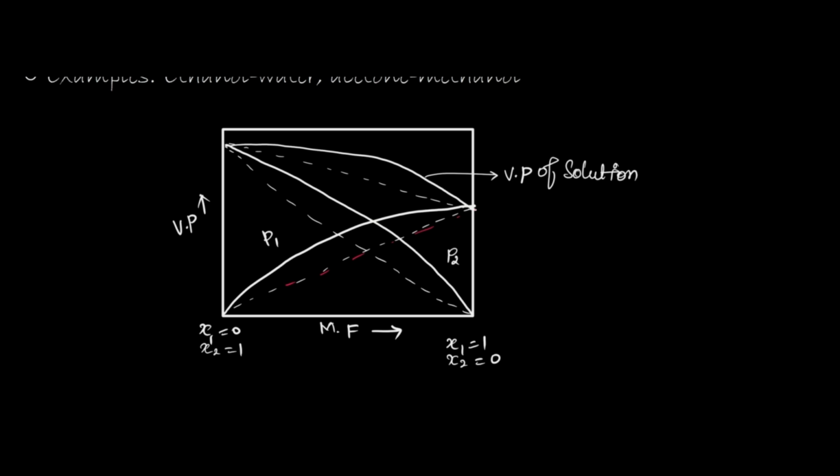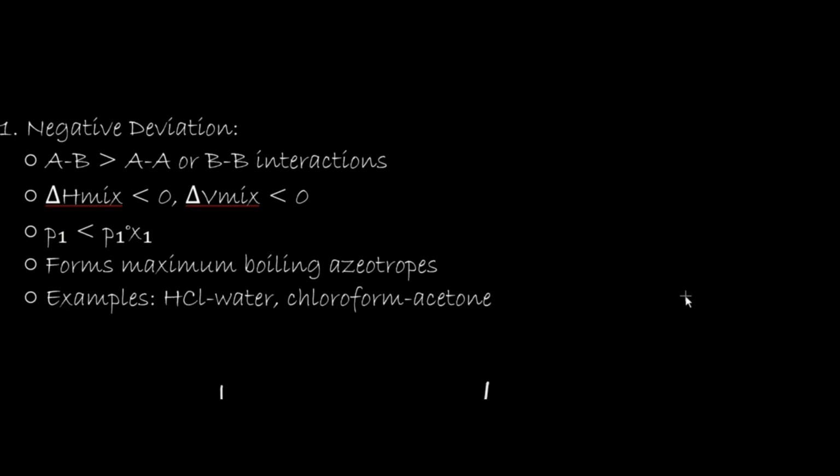So this is positive deviation from the ideal behavior. Okay, so what about negative deviations? Negative deviation from ideal behavior is just opposite to positive deviation. AB interaction will be more than that of AA or BB interactions, and delta H mixing and delta V mixing will be less than 0. But in case of positive deviations, it was more than 0. Here that is negative. And also P1 is less than P1 naught into chi.